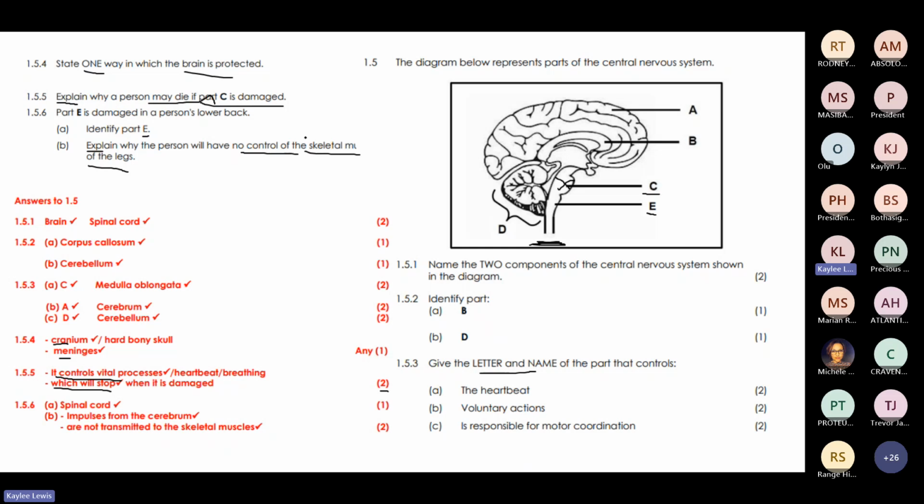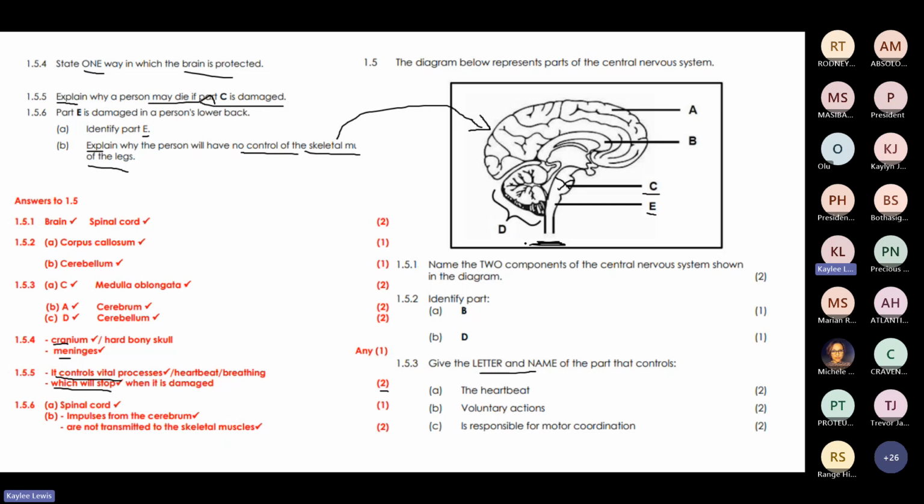Your skeletal muscles are going to be voluntary controlled. So it's voluntary actions that will bring about movement, and that would be controlled by your cerebrum. Okay, so remember your cerebrum controls voluntary actions. So now it says, explain why the person will have no control of the muscles of their legs if the spinal cord is damaged at the lower back.